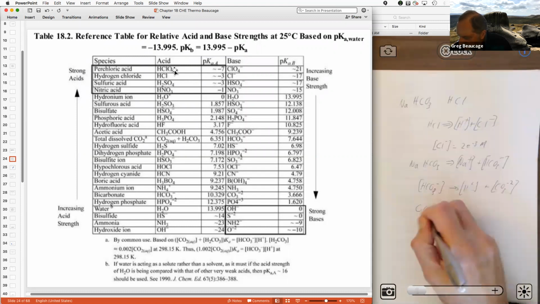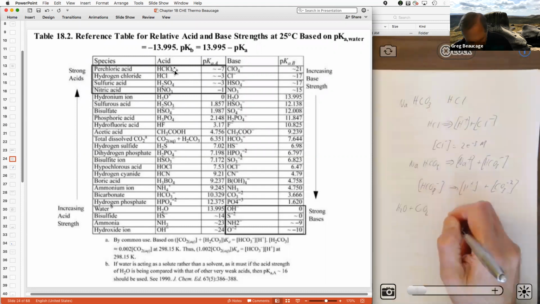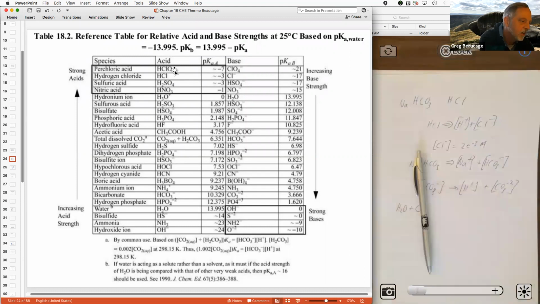CO2 just from the air, and you have to add water. Let's see, what is this reaction?